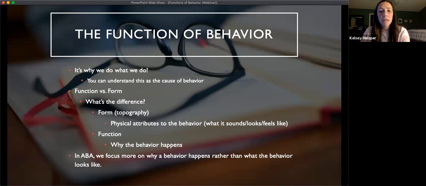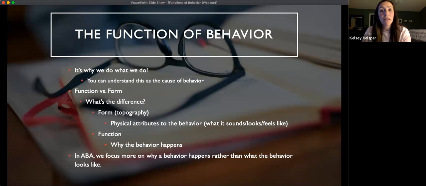So the form, or you might hear it called topography, we use that verbiage a lot, but those are the physical attributes of the behavior. So exactly like you guys were defining to me. So hitting, crying, screaming, all of those things are the physical form of the behavior.